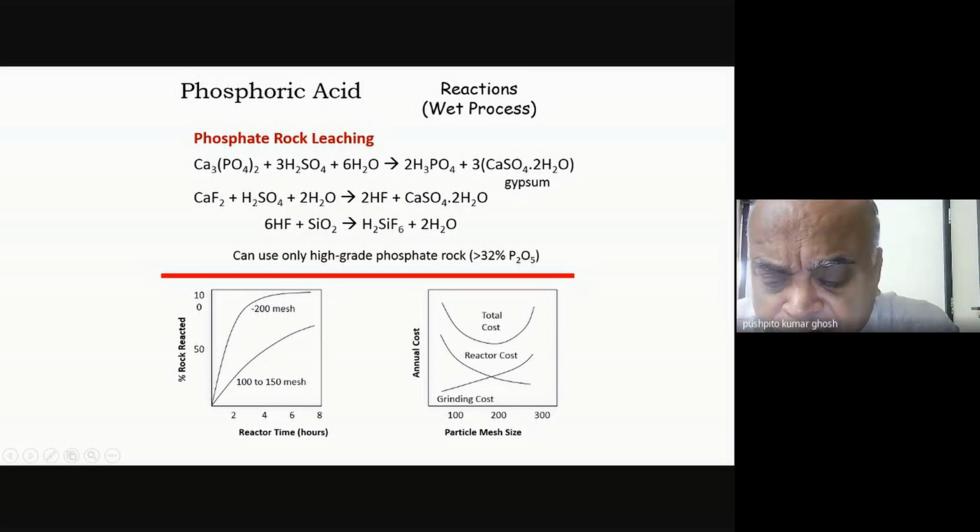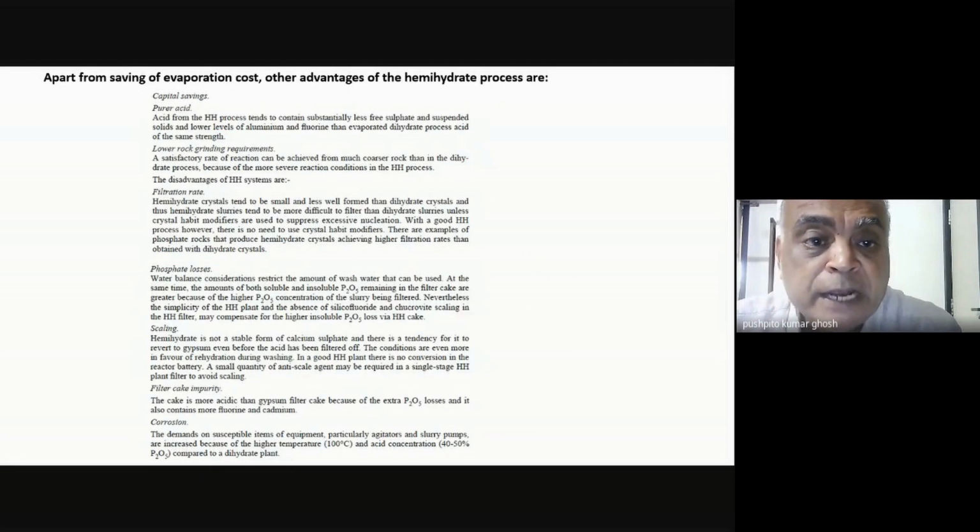So that's how you strike the balance. And you have seen this kind of balance even when we were talking about the soda ash manufacture, how tall does the tower need to be, the solvay carbonation tower. Now, let's quickly look at the advantages and the disadvantages of the hemihydrate process. As I told you, this is the more popular process because there are huge advantages, if you can manage the problem of the gypsum hardening up on you during your process.